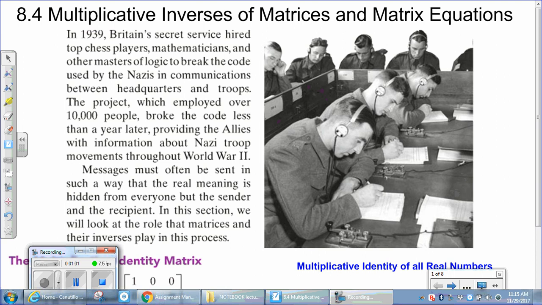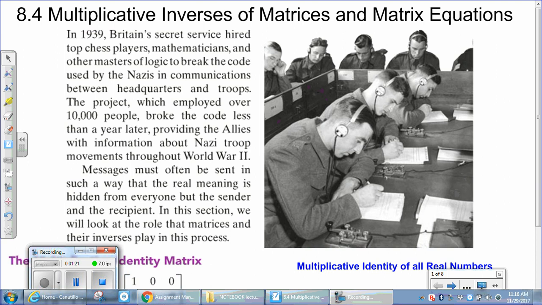Just to expand a little bit on that story, that is true. They hired a lot of those very intelligent mathematicians, and also the crossword puzzle people that were interested in solving those.